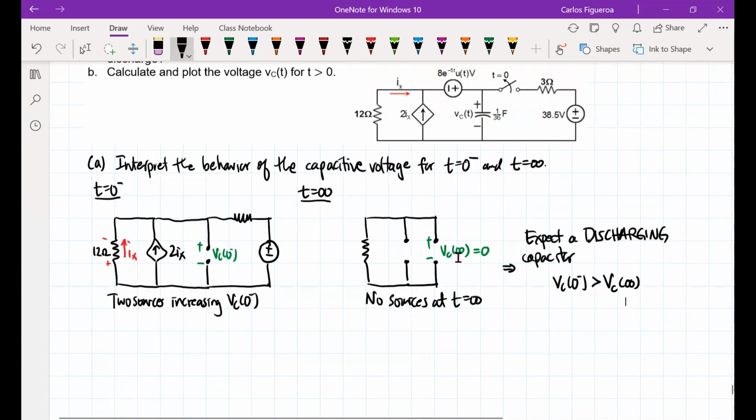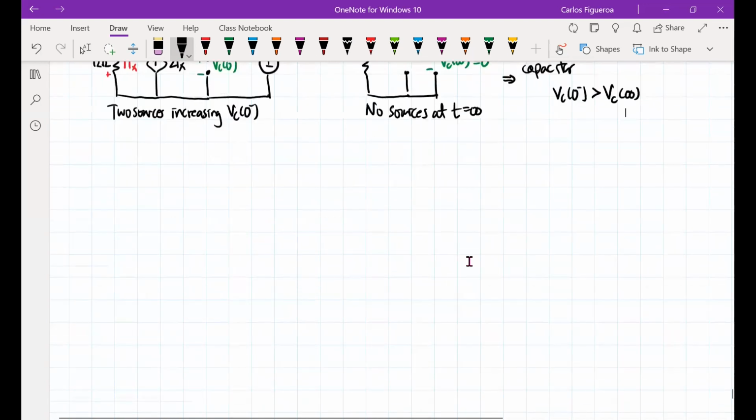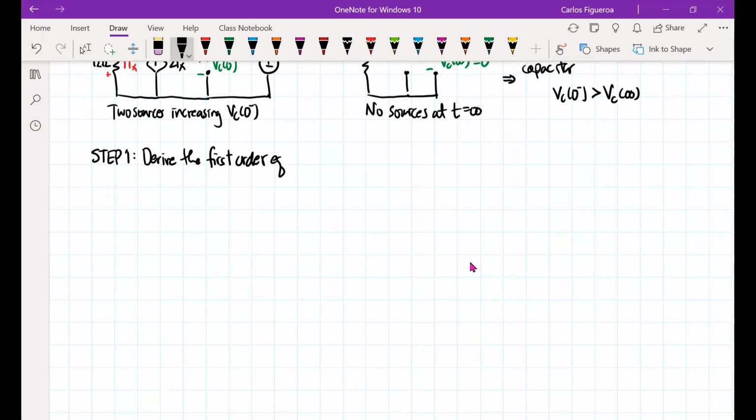So now we're going to go through our process. So let's go through our process. So here I go. This is step 1. Step 1, we need to derive the first order equation at t equal to 0 plus. I'm going to use a 2-step process.